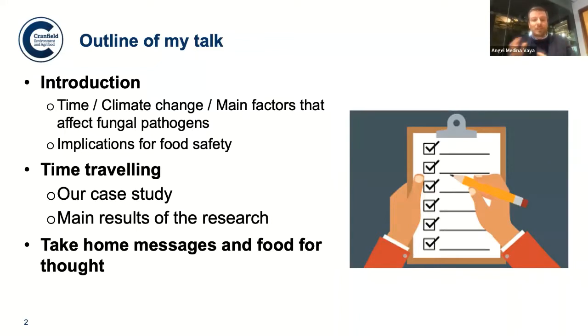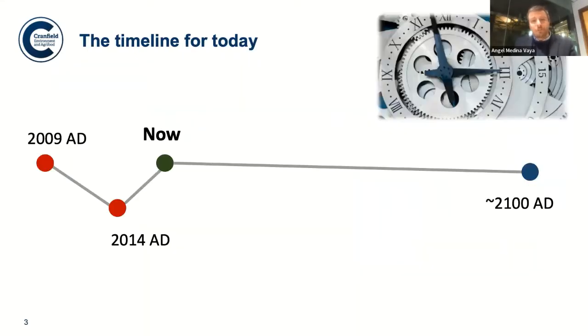I will show you the different results that we have been getting. Finally, there'll be a couple of slides where we will discuss the main problems, and I'll try to give you some food for thought for the coming days. So let's start with no further ado.